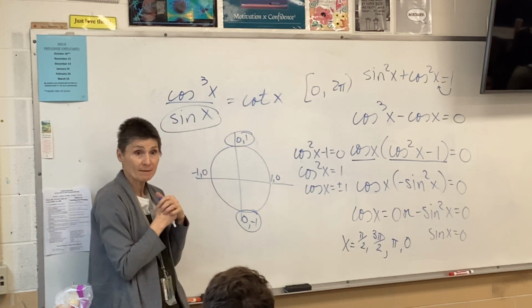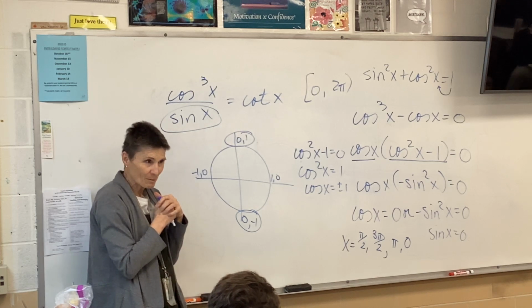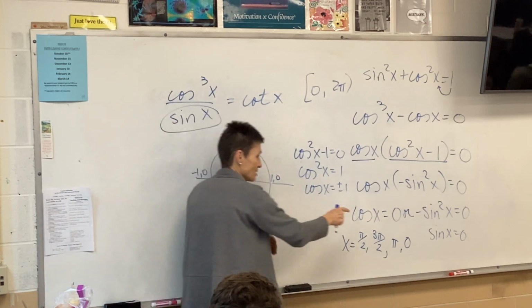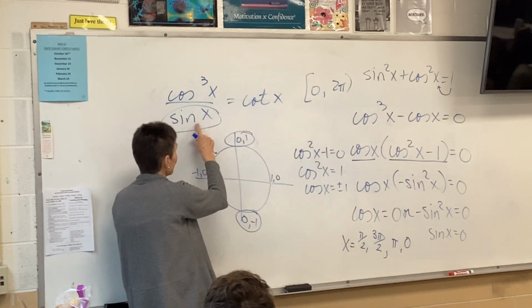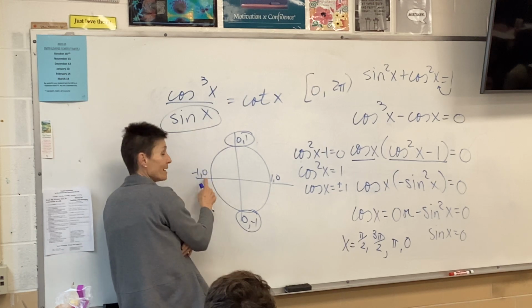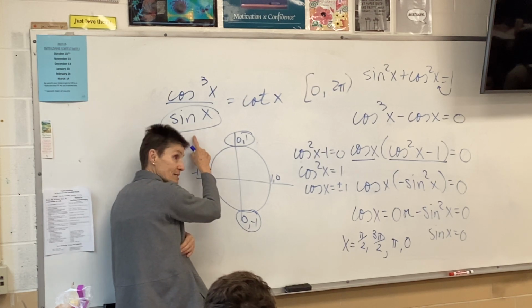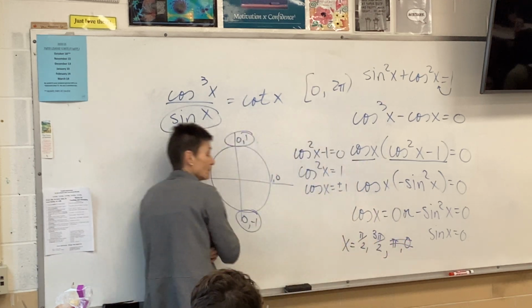They can't be 0. So is this really even possible in this case? Can I let x be pi, for example? No, because the sine of pi is 0 and I have a 0 in the bottom. So these two answers are extraneous.